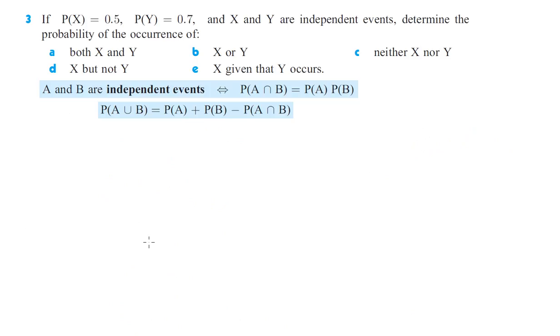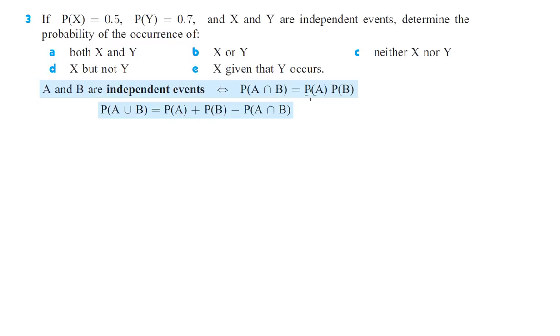Moving along, we got number 3. Probability of X is 0.5, probability of Y is 0.7, and X and Y are independent events. So we already know that they're independent events, so we don't really need this. Determine the probability of the occurrence of both X and Y. So I take that back.